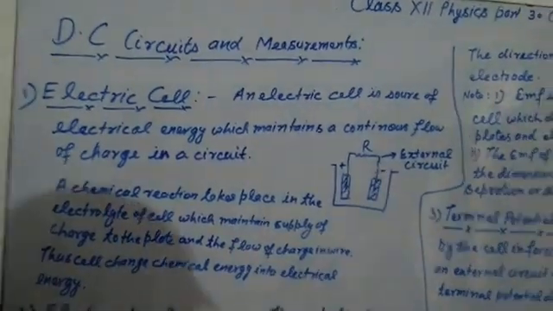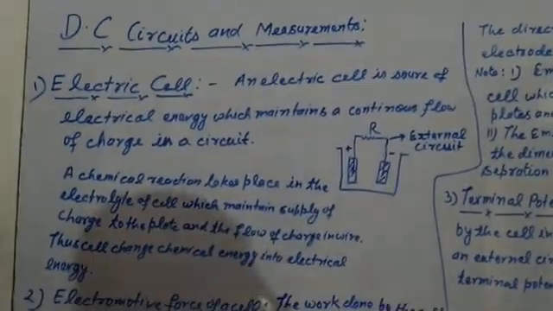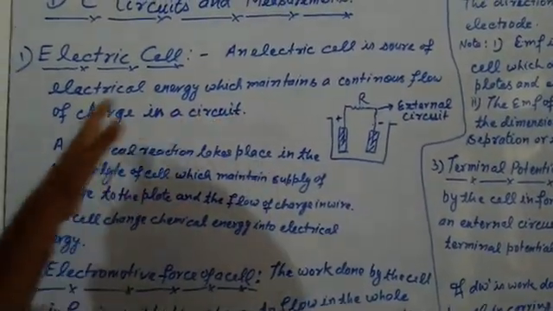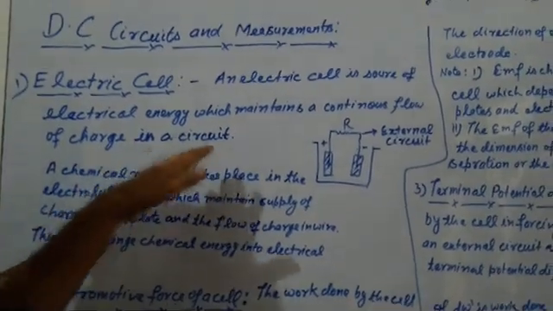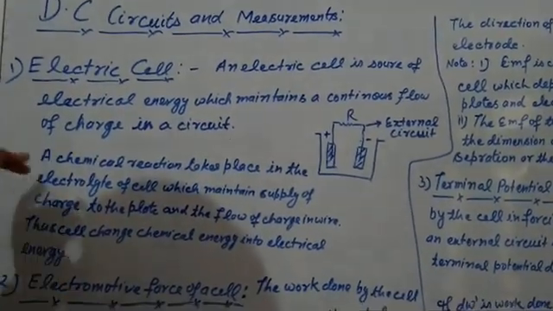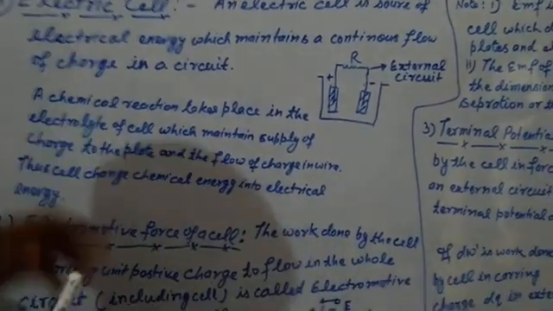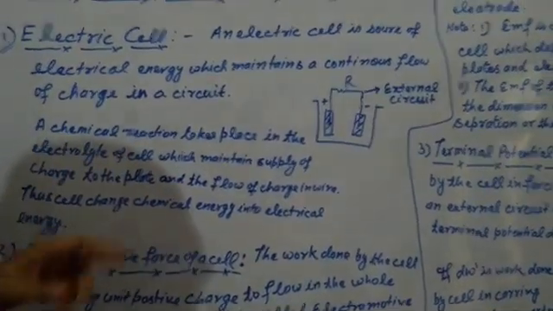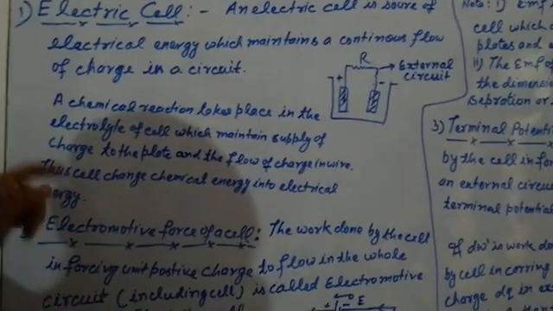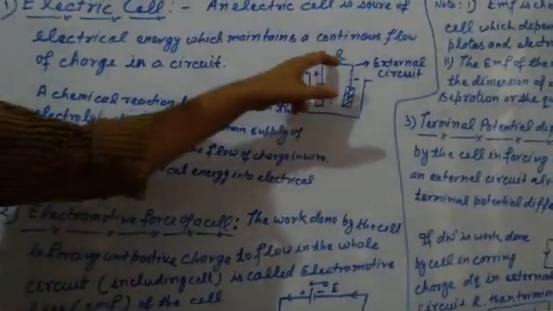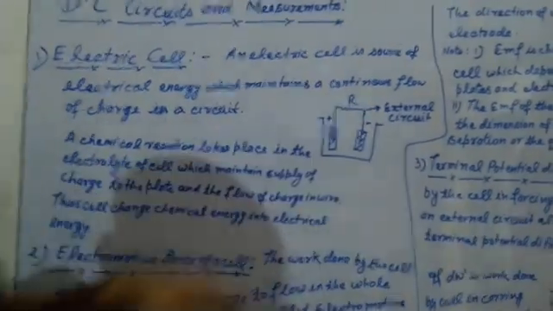An electric cell is a source, or you can say a device, of electrical energy which maintains a continuous flow of the charge in the circuit. A chemical reaction takes place in the electrolyte of the cell which maintains supply of charge to the plate and the flow of the charge in the wire, means in the external circuit.